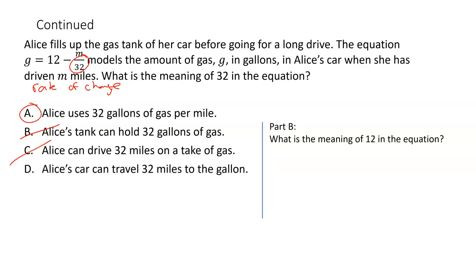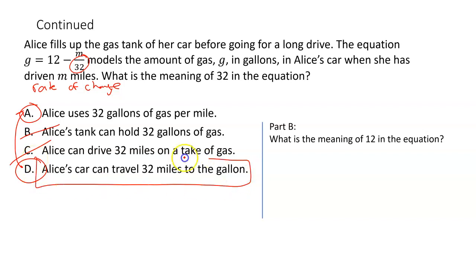Alice's car can travel 32 miles to the gallon. Does that represent a rate of change? Yeah, it does. So that represents a rate of change. Okay, so which of these makes more sense? That she uses 32 gallons of gas every time she drives 1 mile, or that she can go 32 miles for every 1 gallon of gas?